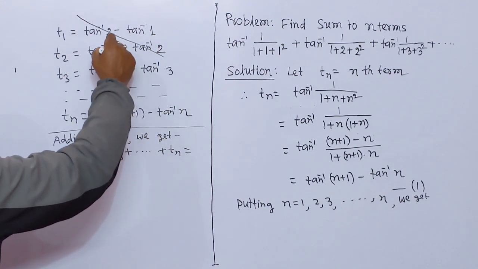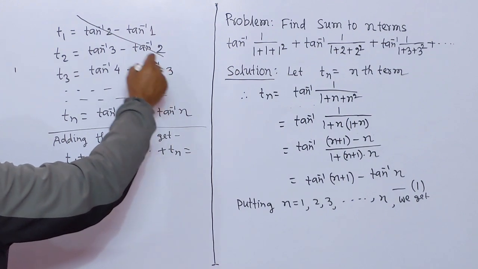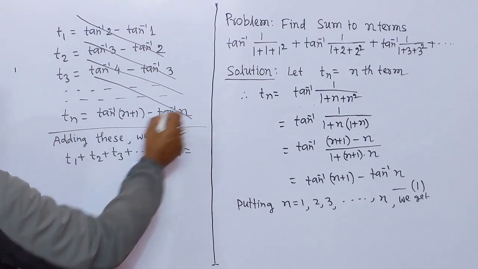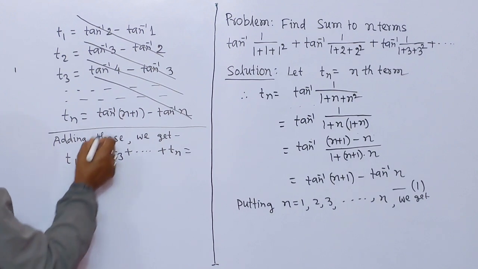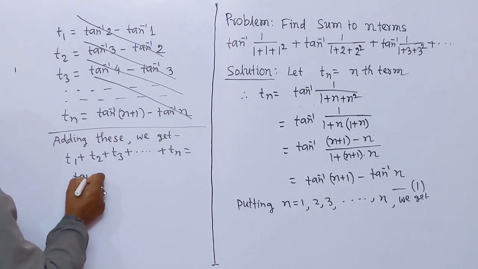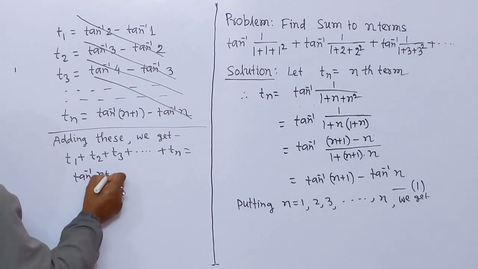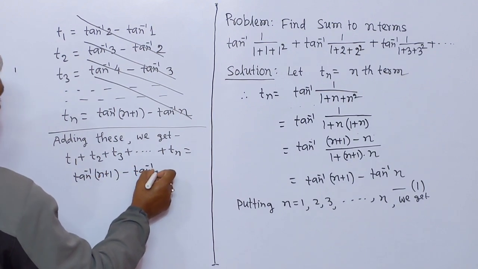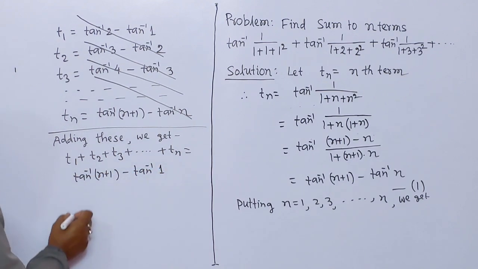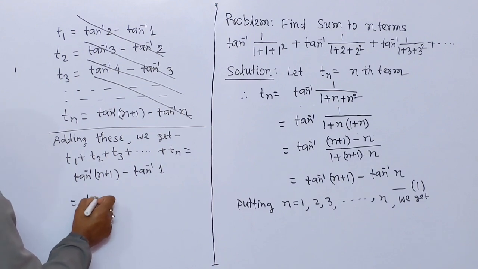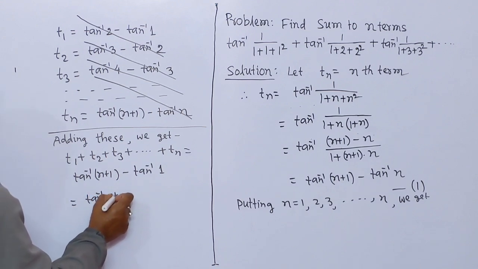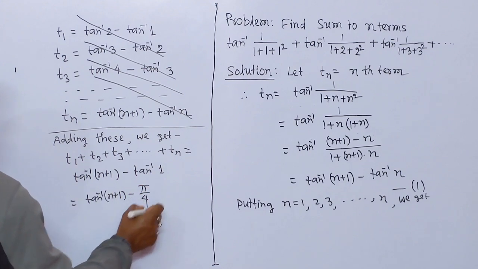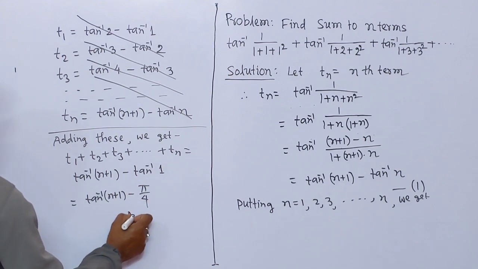Tan inverse 3 positive sign, tan inverse 3 negative sign. Cancel, this diagonal cancels. So remains only tan inverse n plus 1 minus tan inverse 1. We may write this as tan inverse n plus 1 minus pi by 4. This is the required answer.